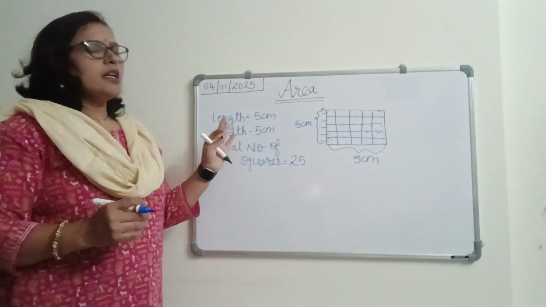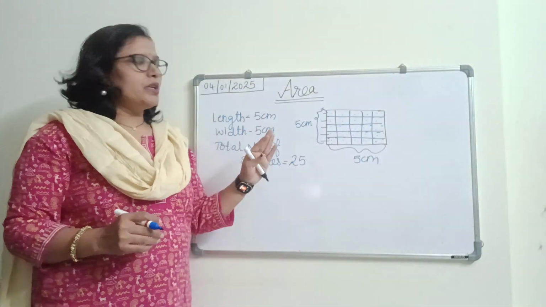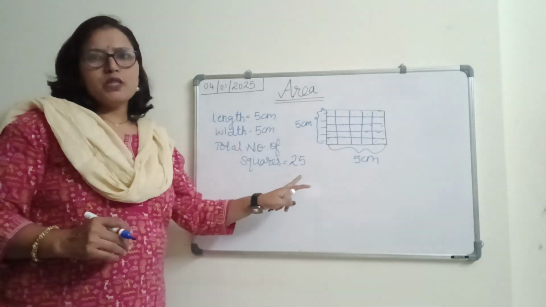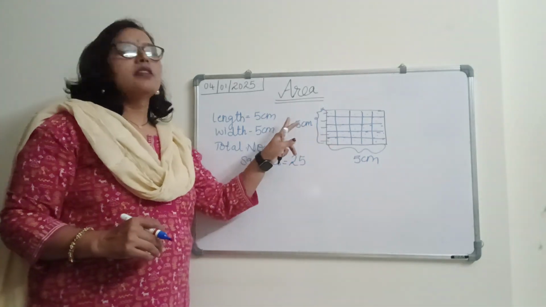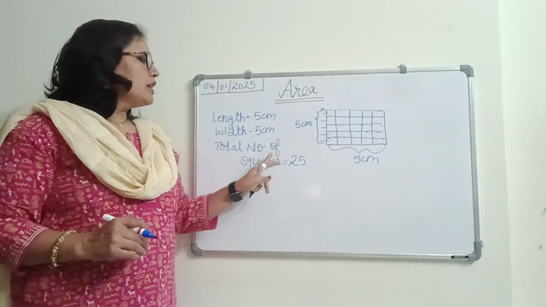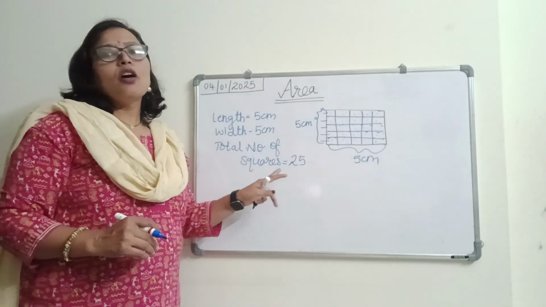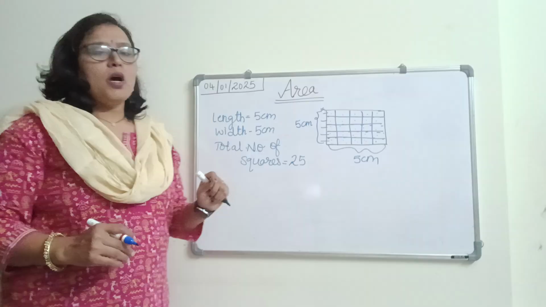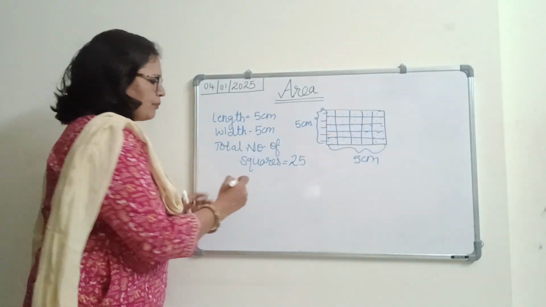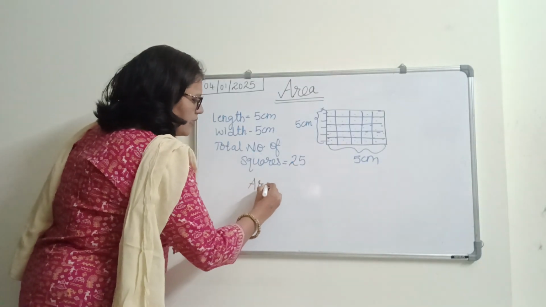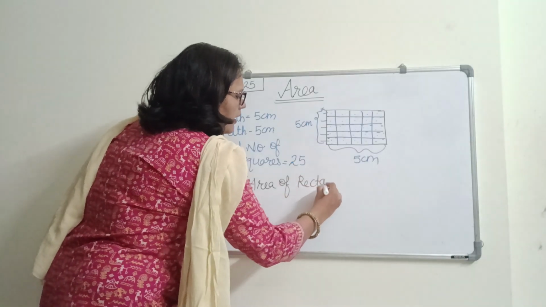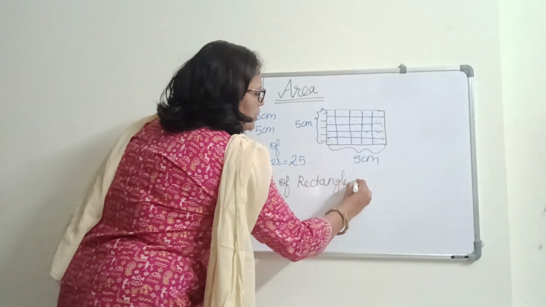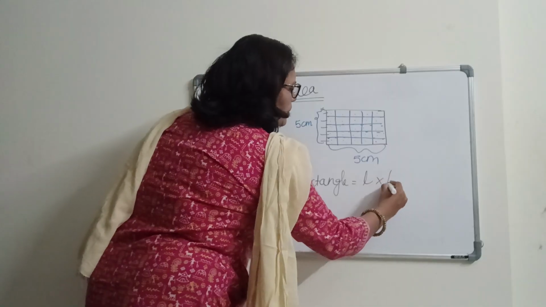What we conclude here is how we got this 25: when we multiply length with breadth, we get the area of a rectangle. So area of rectangle equals length into breadth.